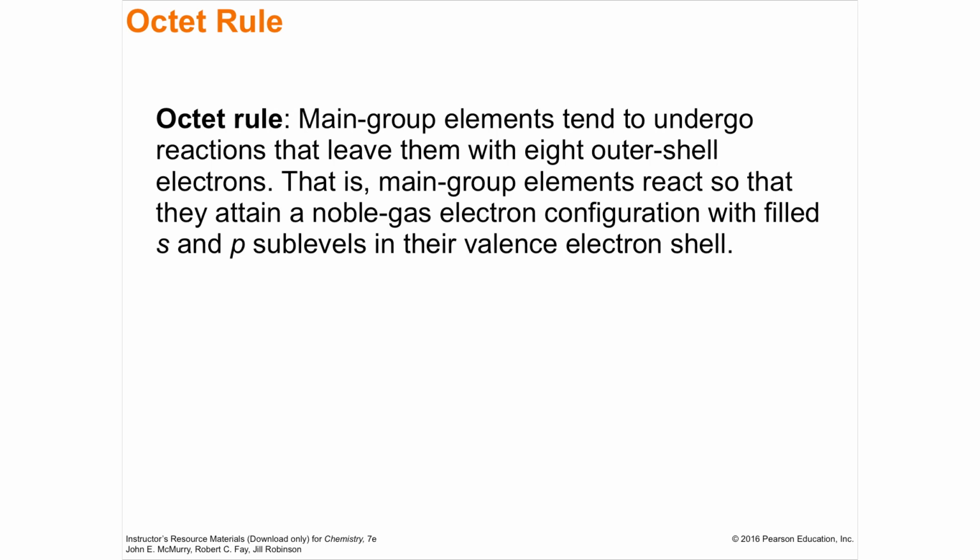This is called the octet rule because 8 is an octet. Neon is in group 8. Neon is so stable that there are no neon compounds. Neon is not diatomic. It's one atom floating around, totally happy to be who he is. He doesn't seek to be a compound. There's no advantage for him to combine with anything else.